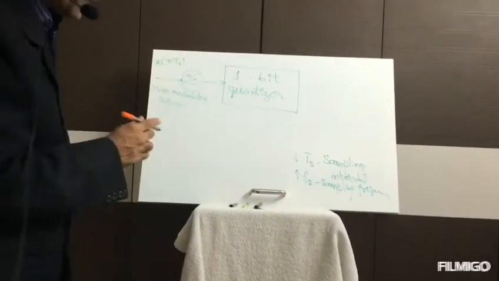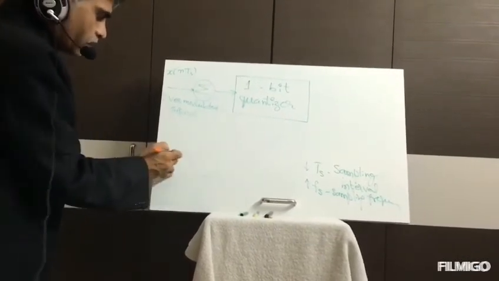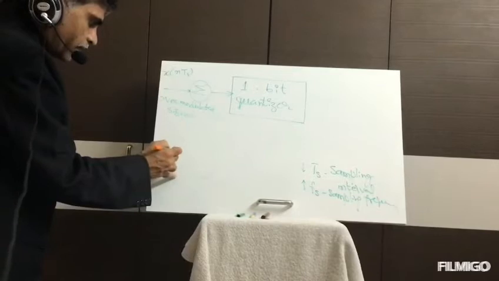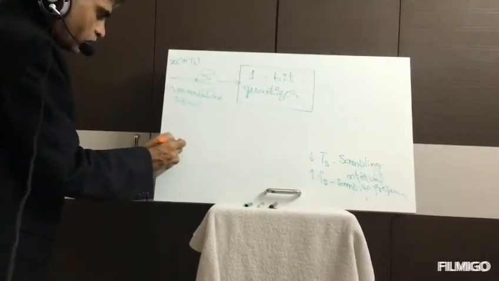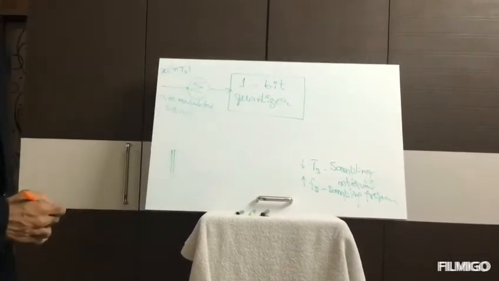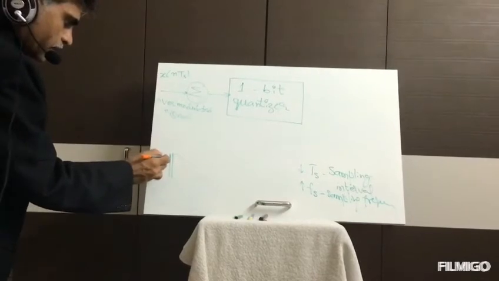What do you mean by the reduction in the Ts here? If it is a continuous signal, the sampling interval is reduced, which means you will take successive samples very close to each other. Then what happens? Step size will be reduced. This is the step size here.